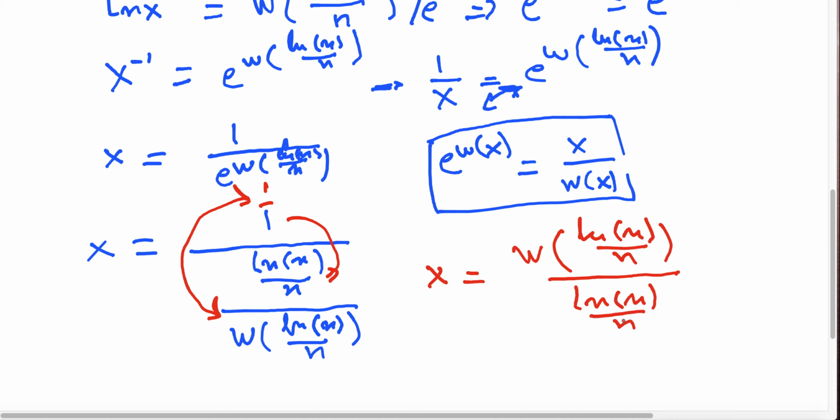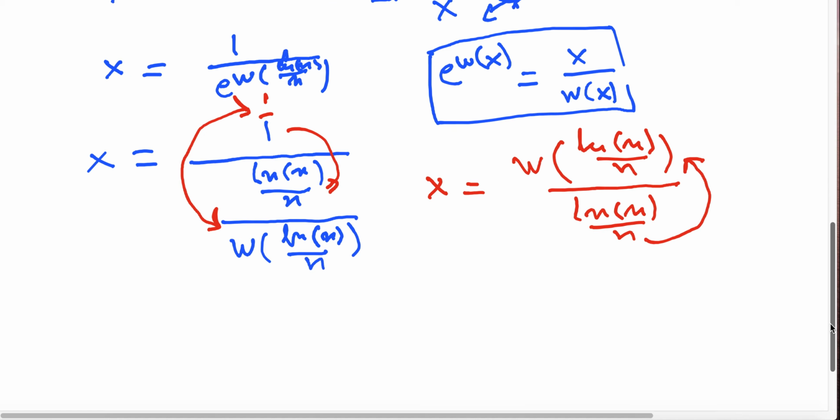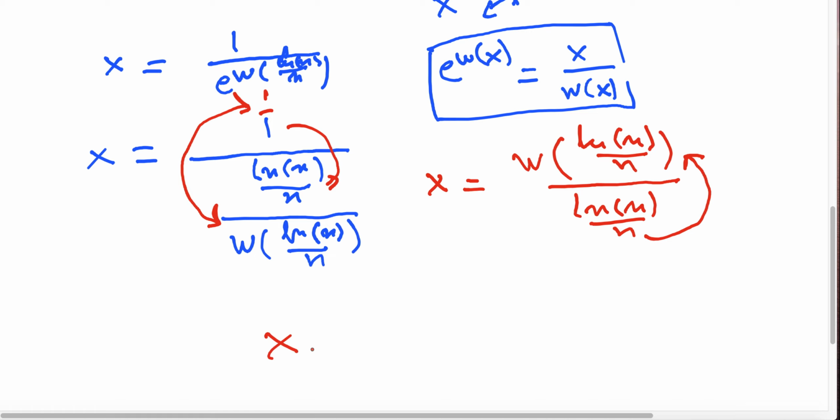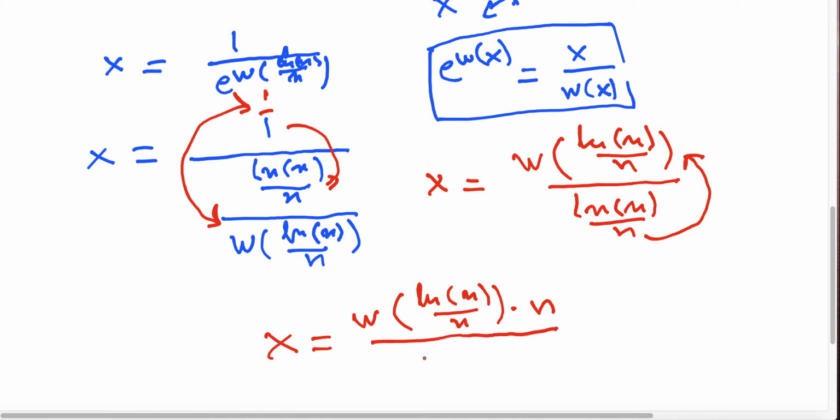But again, if I divide everything by 1, and 1 times n is n, taking a shortcut, this n can go here, and the final answer is x equal to W of (ln n divided by n) times n, and everything here is divided by ln n.